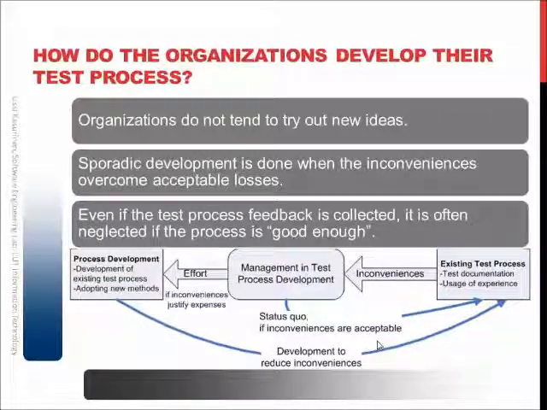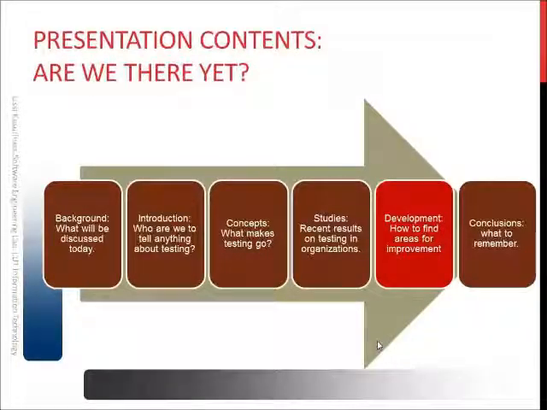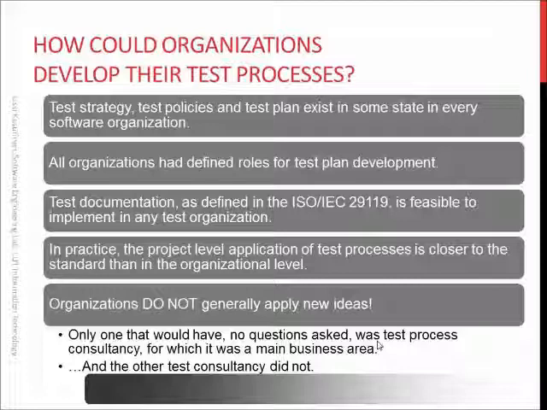They develop themselves because they have problems and it's simply impossible to continue working with the current approach. And that's a bit sad actually, but that's how the software industry works. So, actually, those were the results from the companies we were interviewing and some observations in general.